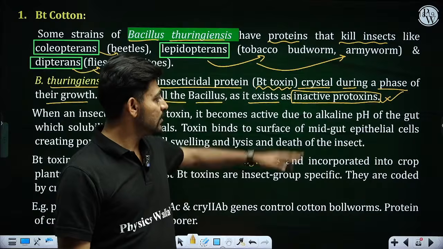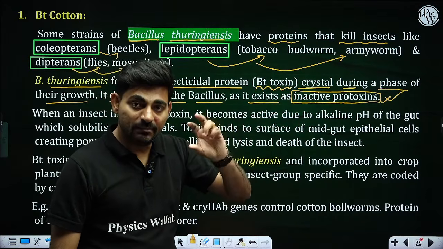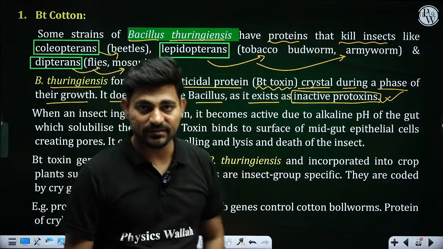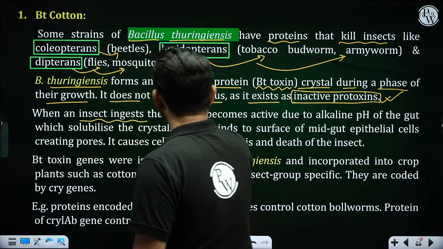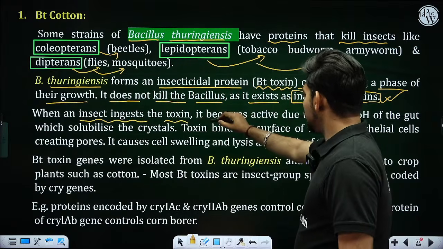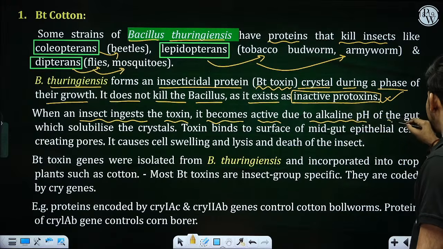So that's why these toxins are not harmful for those Bacillus bacterium, right? But when an insect ingests the toxin, it becomes active due to alkaline pH of their gut.